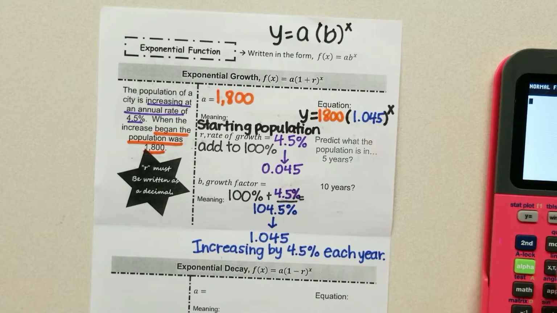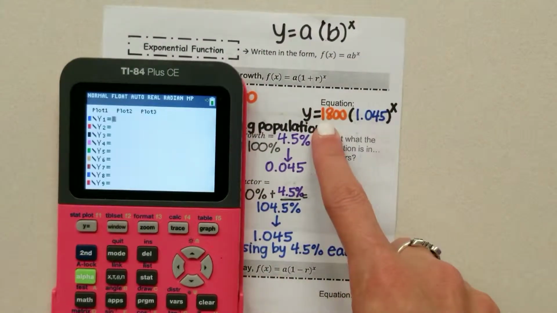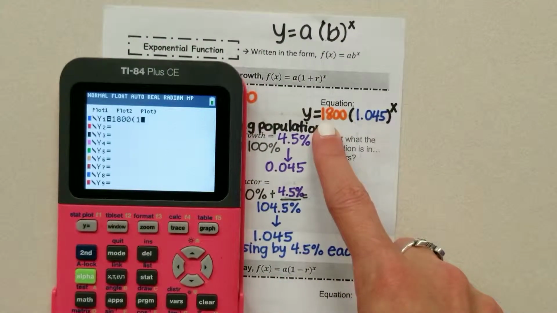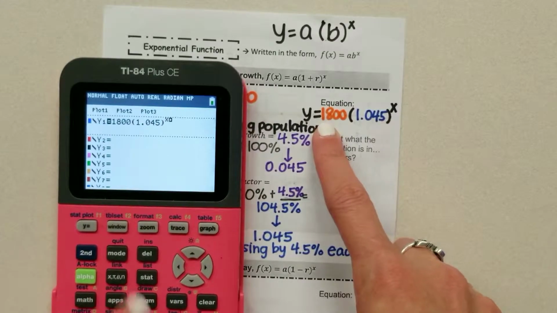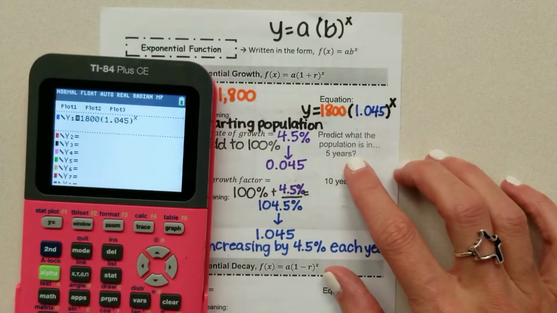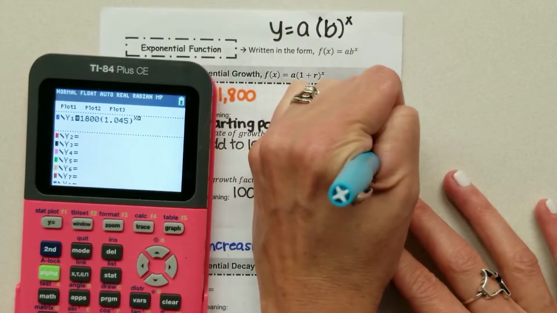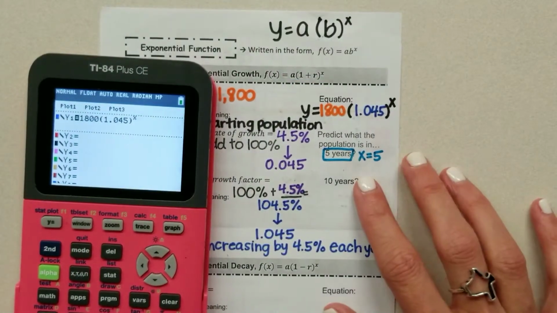All right, so now we're going to make some predictions. So I'm going to go to my calculator and I'm going to go to y equals, and we're going to type in our equation, 1.045. Make sure your exponent is a power, and it says predict what the population is in 5 years. Well, guys, if this is years, they're telling you that x equals 5 because years is how we measure time.